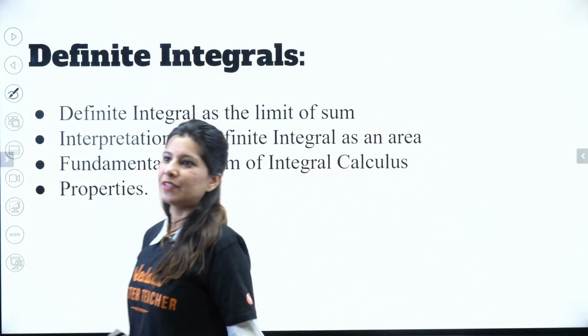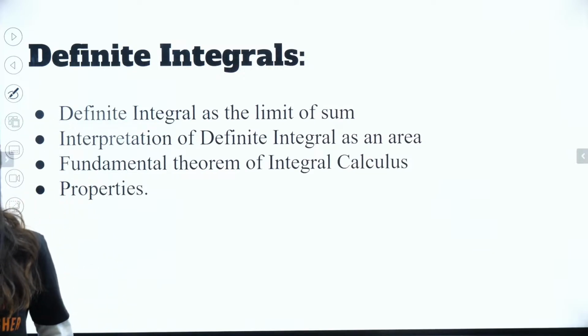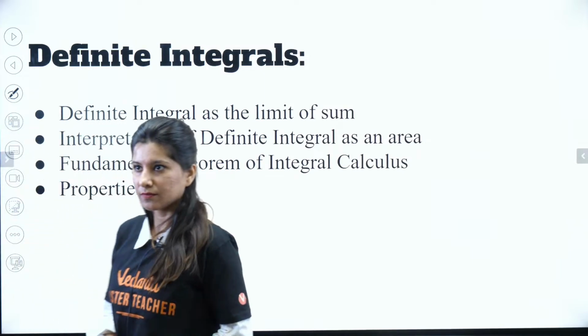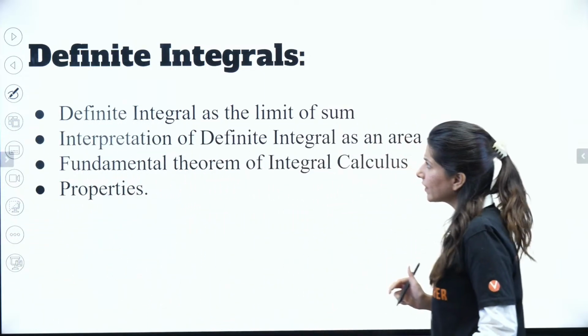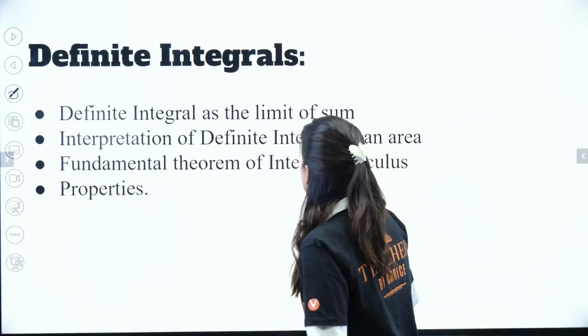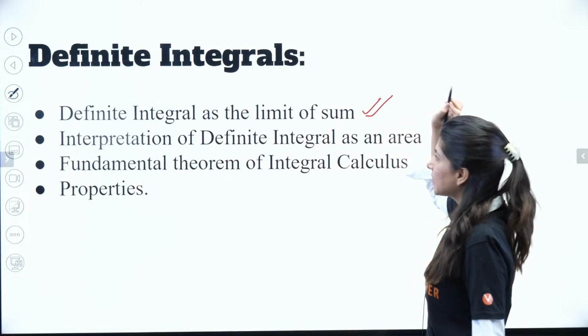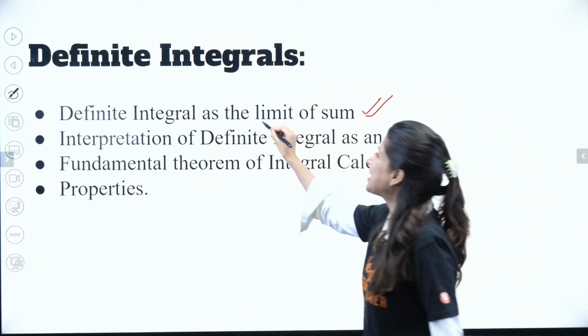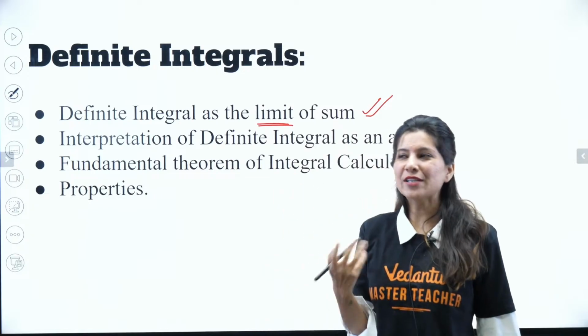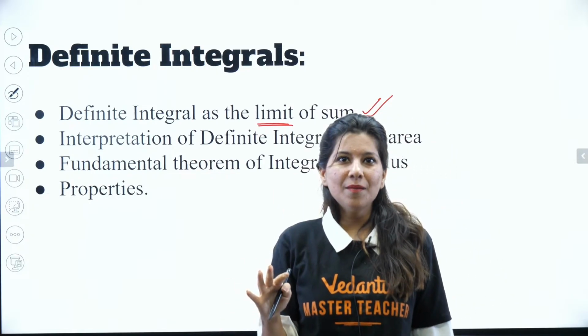Okay. Now let's talk about differential equation. Okay. Completed algebra. Got it. All right. So now definite integration. So in definite integration, definite integral as a limit of sum. So this we did in limits chapter actually, because this question is what we call as disguise.